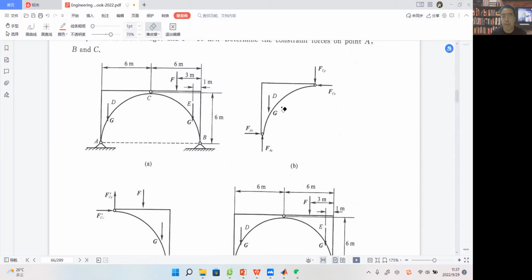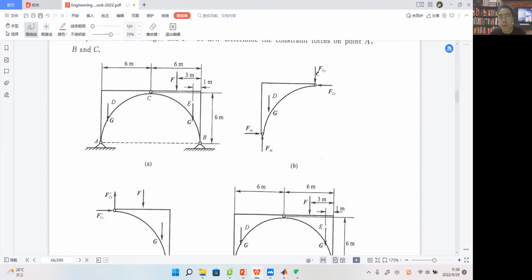AC. Because there is a fixed support at point A, we have FAX here and FAY here. So we just use these two reactions to denote the action from the frame to the arch bridge AC.